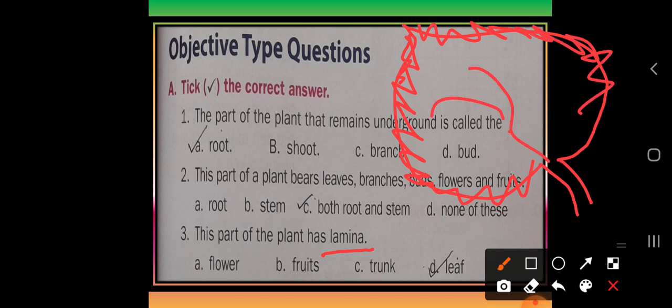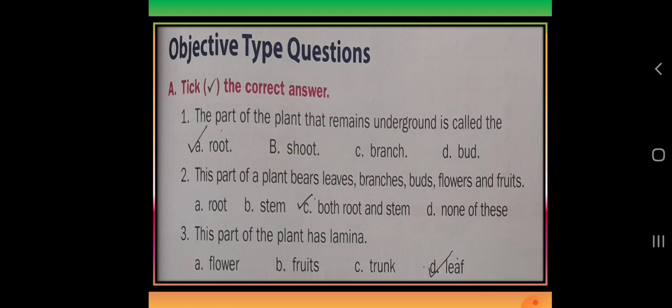Then here are the veins, the upper veins and lower veins. Many parts are there, but the leaf blade itself is called the lamina. You can read your textbooks and you will get the answer. So the answer is lamina. This part of the plant that has lamina is the leaf, so the answer is leaf.